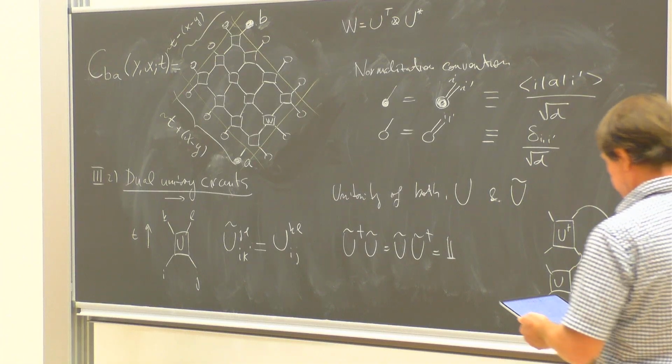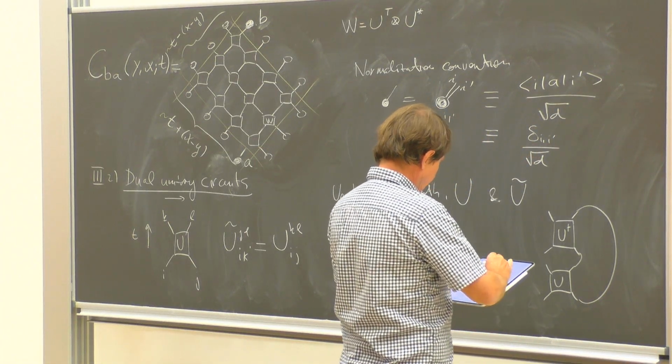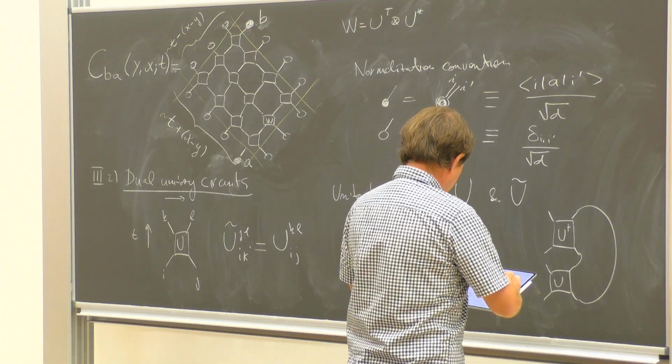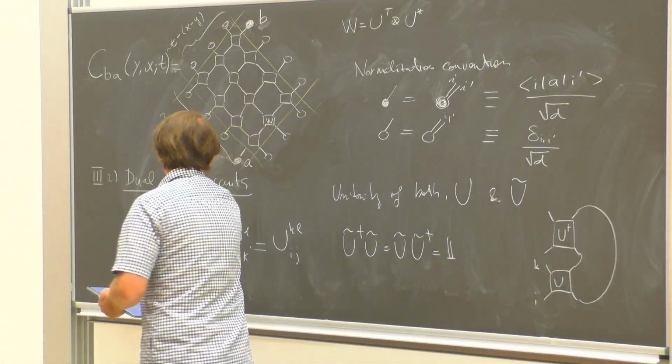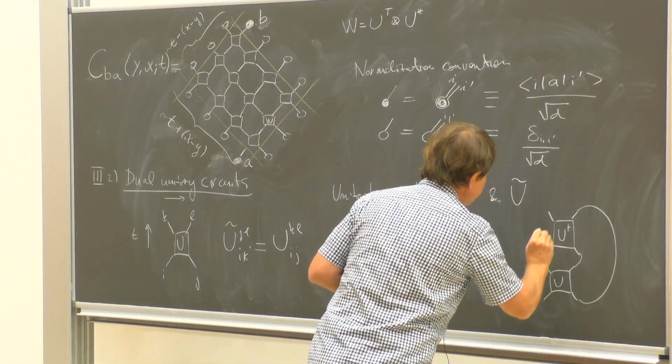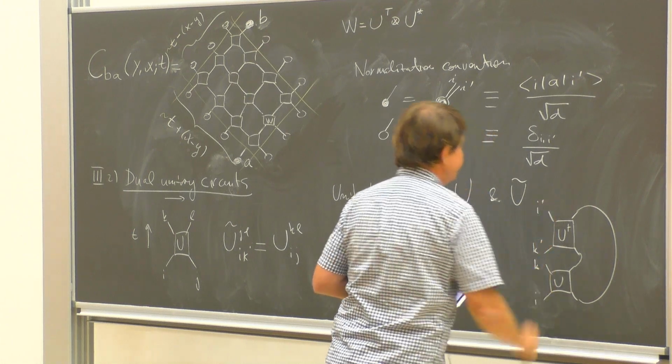If you just write names for indices like we usually do, this is ik, right? The same ik as here. Now let's call this k prime and i prime.